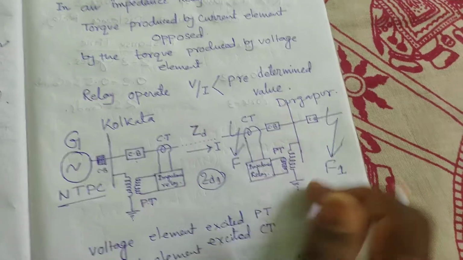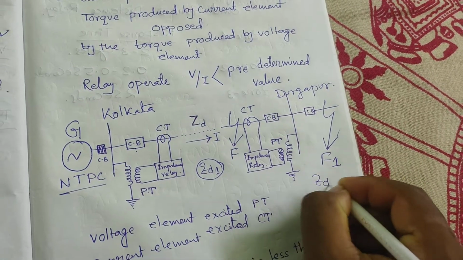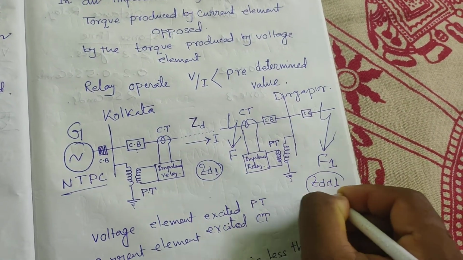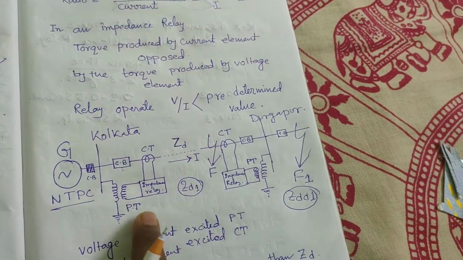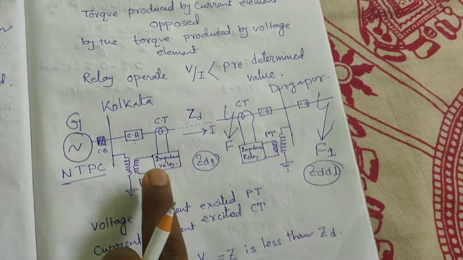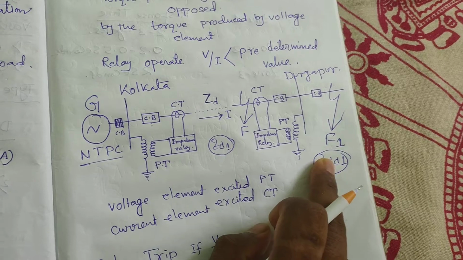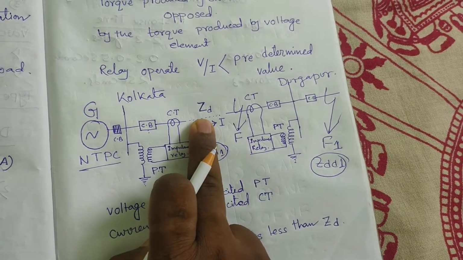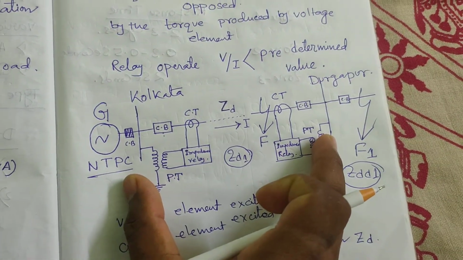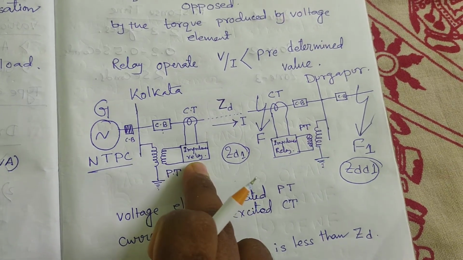Suppose ZDD1 is the impedance calculated by this impedance relay. If the ZDD1 value is greater than ZD, then this is not the protected zone for that impedance relay.